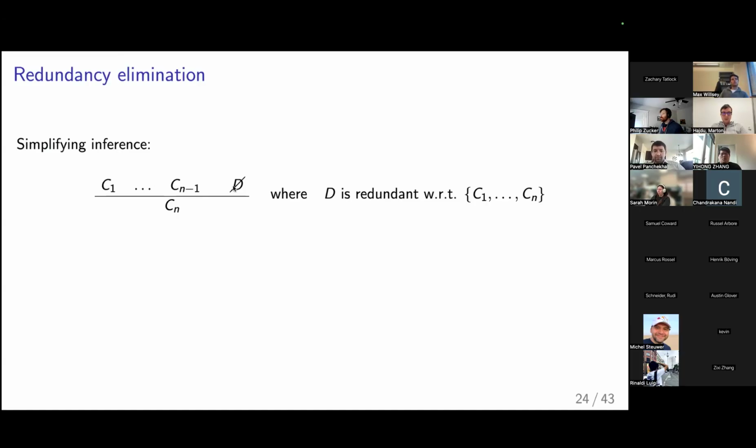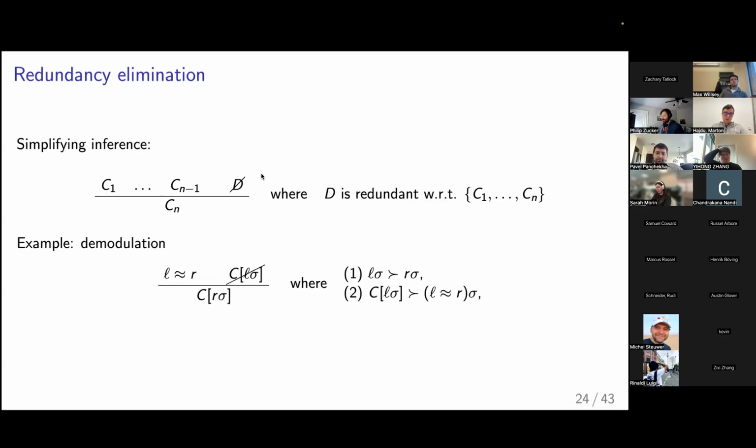The idea is that when you have an inference where you have some premises C1 to Cn-1 and D, and you perform this inference, and the premises C1 to Cn make the last premise D redundant, then you know that after adding Cn to the search space, D is redundant, so while doing the inference, you can just remove D. One example for this is demodulation that we will also have a look at later.